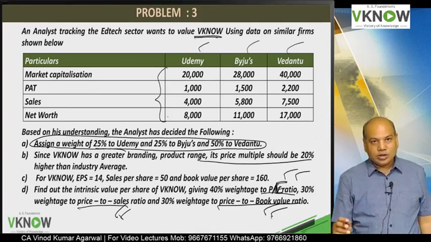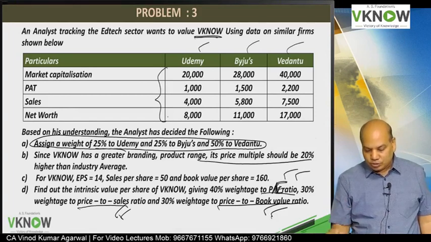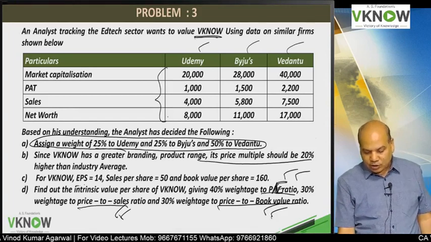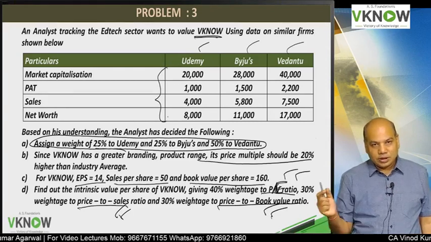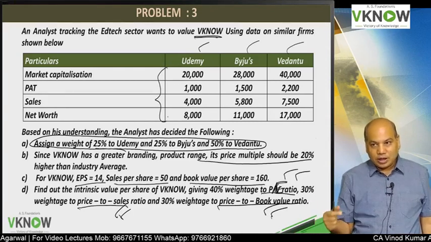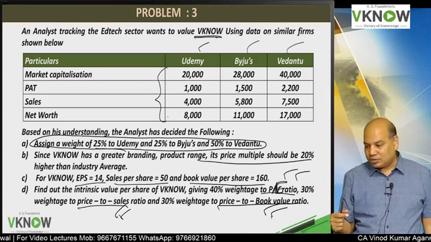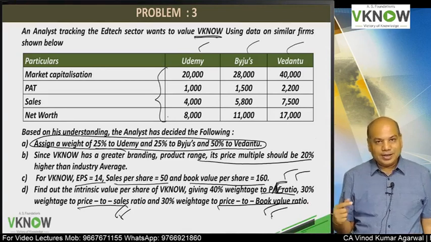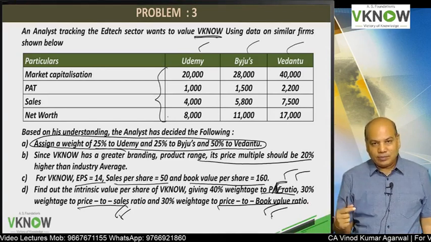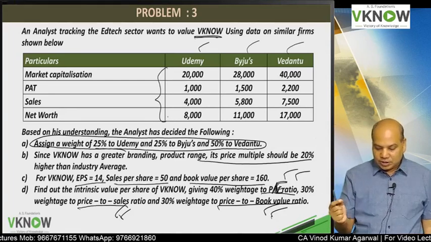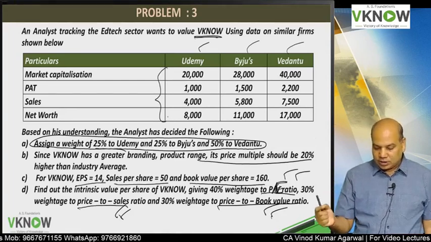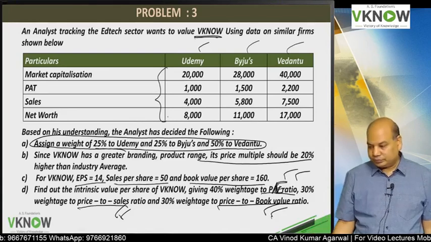And once you have the multiple applicable to Vino, you will calculate the value of the share using the three multiples, and again take the weighted average. For the purpose of intrinsic value, the weights assigned to the three methods are 30%, 40%, 30%.